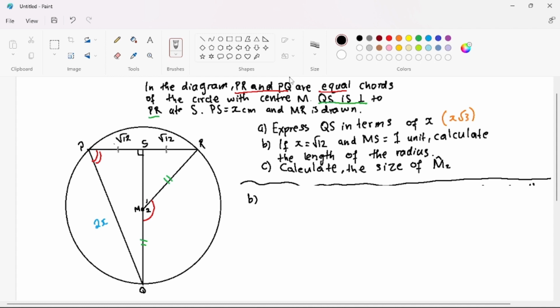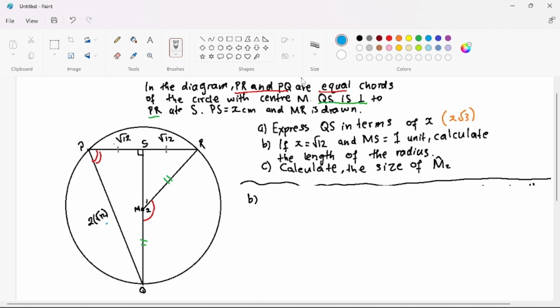And then we are going to erase this one as well. So it's going to be 2 multiplied by root 12. They are saying if x is equal to root 12 and MS is equal to 1 unit. So MS is 1 unit.